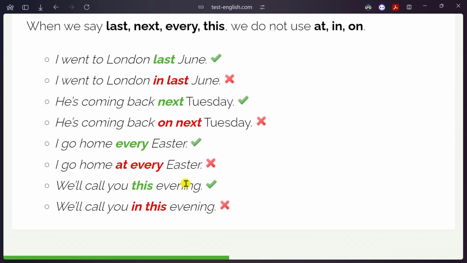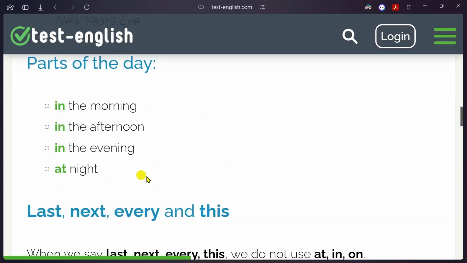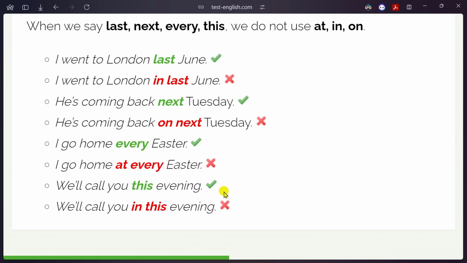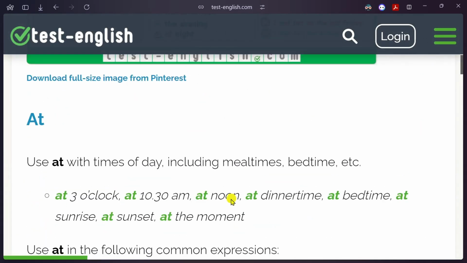This evening. Even though we would say in the evening, at night, it's just how it is used. You have to get used to it. So this is kind of basic.